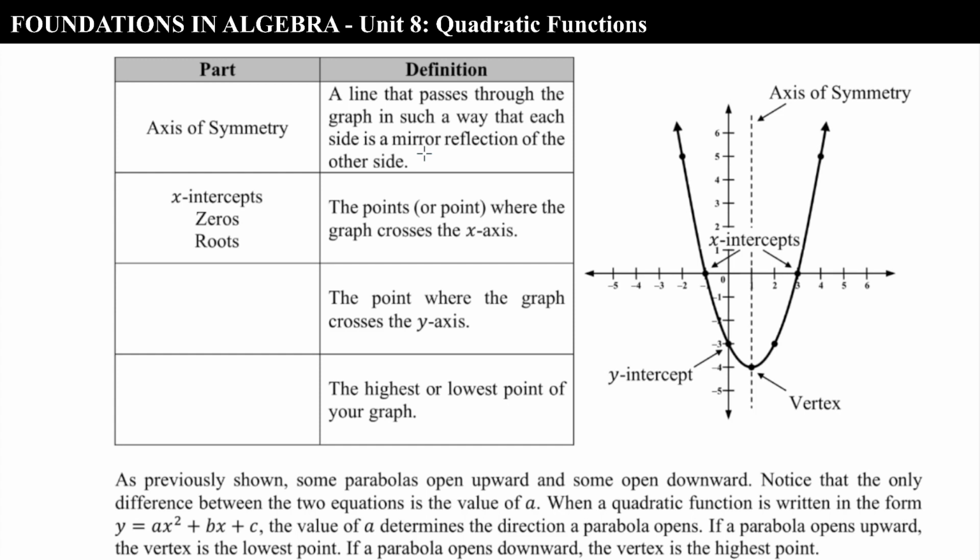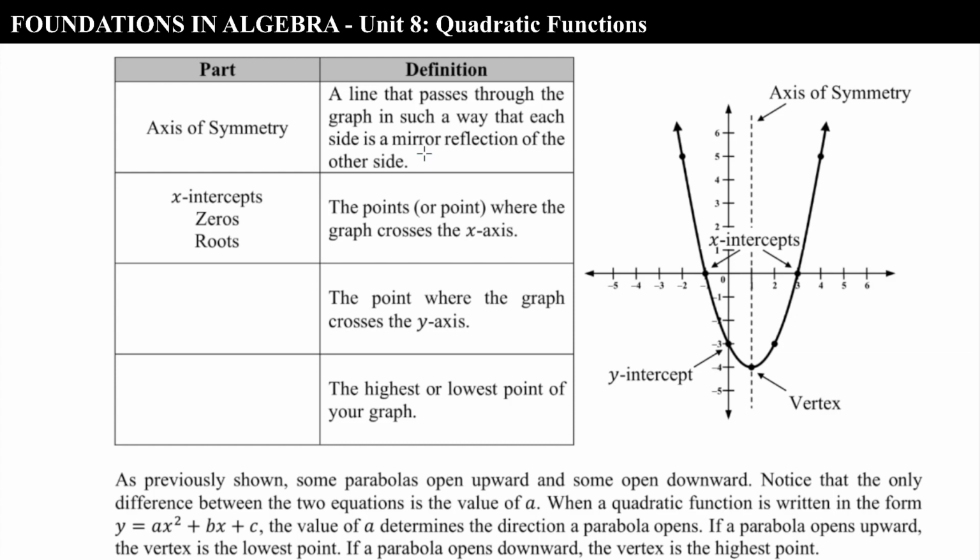So anytime you're being asked for the zeros, you're being asked for the x-intercepts. Anytime you're being asked for the roots, you're being asked for the x-intercepts. And when you solve a quadratic equation, eventually you're going to get into that, you're solving for the x-intercepts. That's what you're looking for when you solve a quadratic equation, when you solve for x.